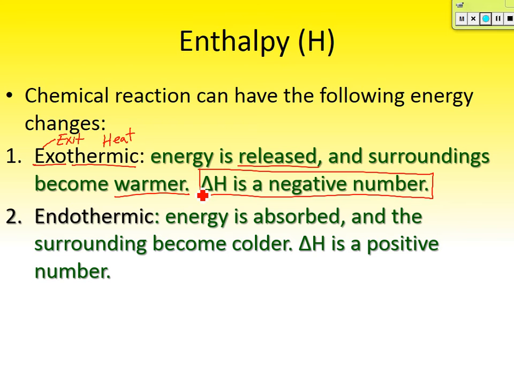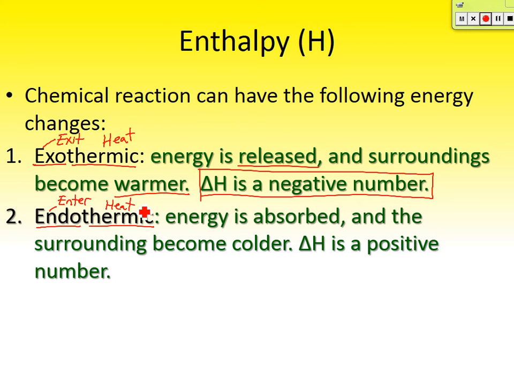Let's contrast that to the other type of chemical reaction, which is called endothermic. Again, let's break this word up. Endo means to enter. Please make that note in your books. Endo means to enter. What does thermic mean, guys? It means heat.